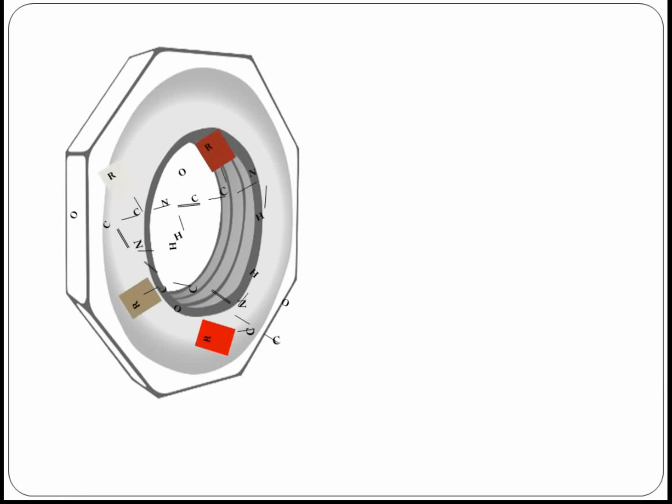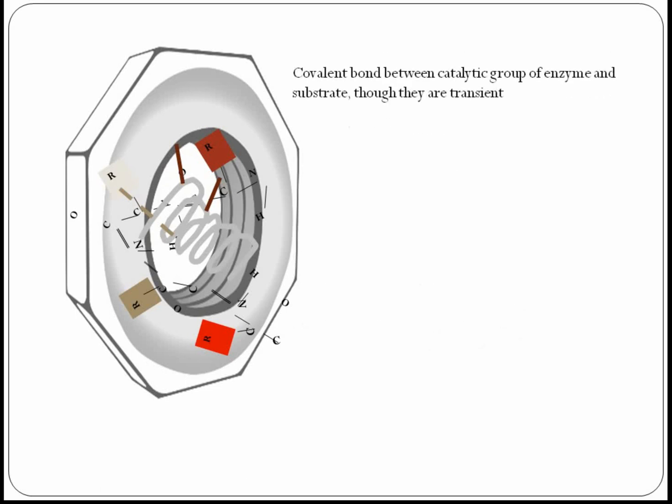This is the enzyme, and since we know that enzyme is made up of protein, this is the internal structure with different amino acids in a chain, with different R groups. Now a substrate after modification starts to combine with the enzyme, either via some covalent bond that is formed between the catalytic group and the substrate. Although they are transient, not permanent, because a substrate has to get converted into product, and an enzyme will leave the reaction in its native form.